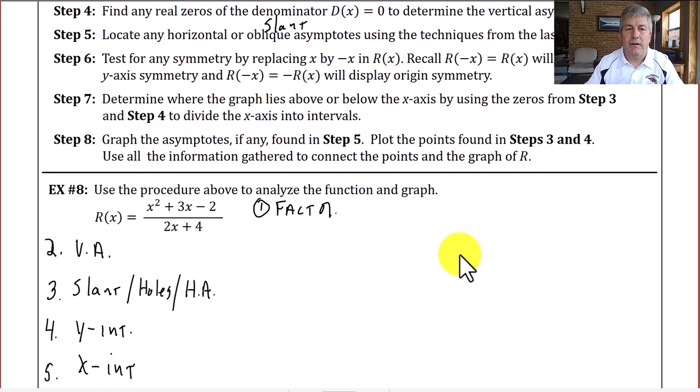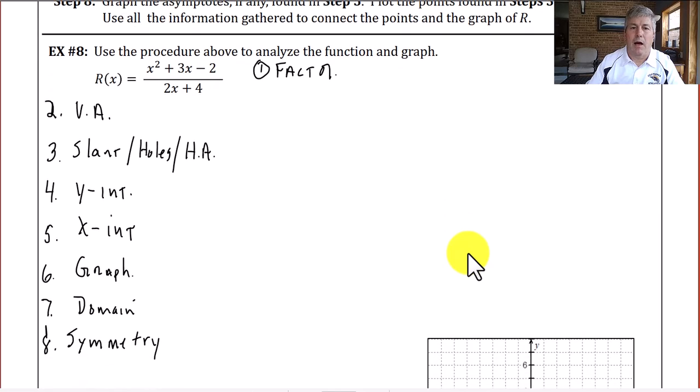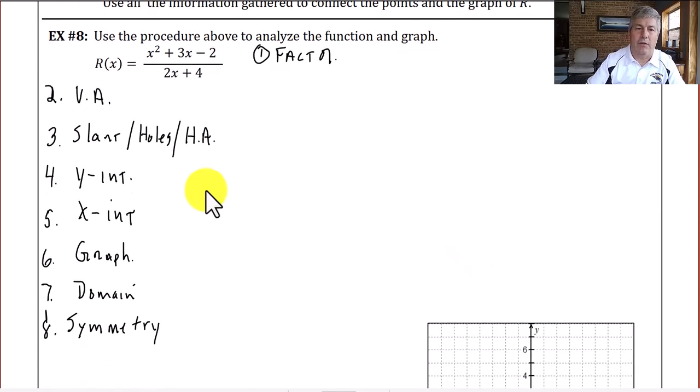So let's take a look at example 8 here, and we'll go ahead and follow that process. So use the procedure above, or use a procedure similar to what I'm going to outline here. So the first thing I'm going to do is factor this. I tried to factor the numerator. It's not factorable, unfortunately. So we're going to end up doing the quadratic formula, or completing the square.